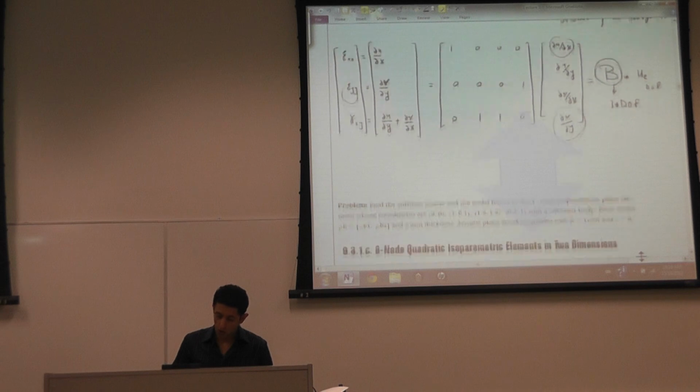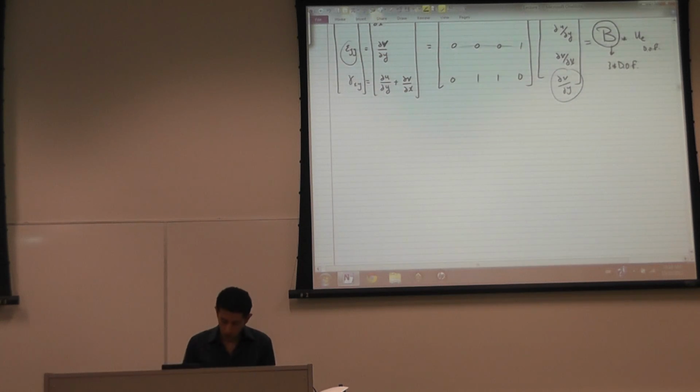And so the virtual work equation would look like this. From -1 to 1, from -1 to 1, B transpose CB, multiplied by the thickness.